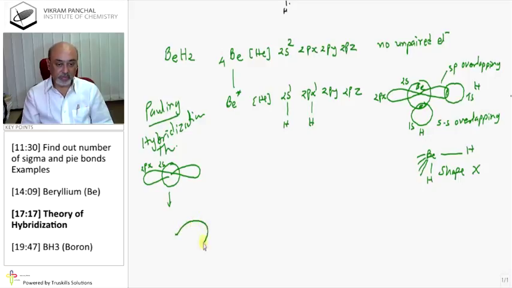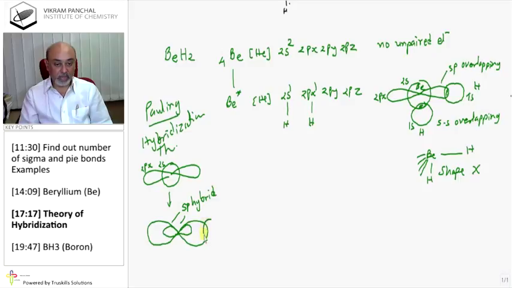So these hybrid orbitals look like this, and there are two hybrid orbitals. If you arrange these two hybrid orbitals, then they will be at 180 degrees. So these are known as sp hybrid orbitals.